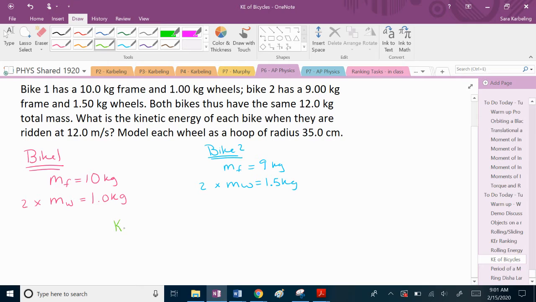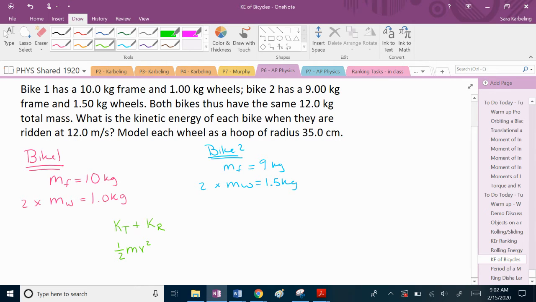We know that there is translational kinetic energy, and we're reminded that there is also rotational kinetic energy. The translational is that same old 1/2 mv squared that we know and love. And when we're talking about translational, not only is the frame moving, but the wheels are moving as well.